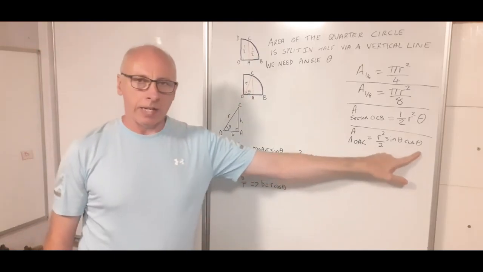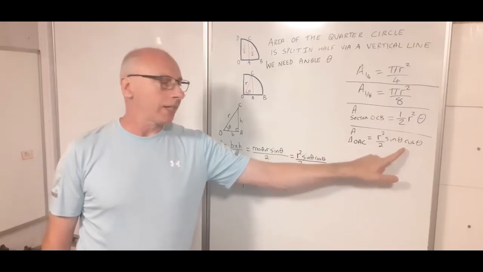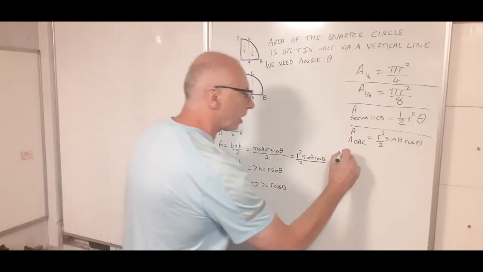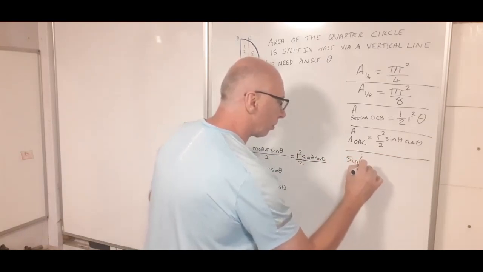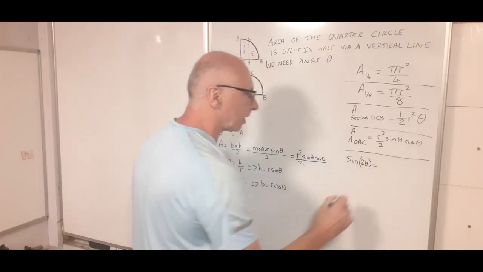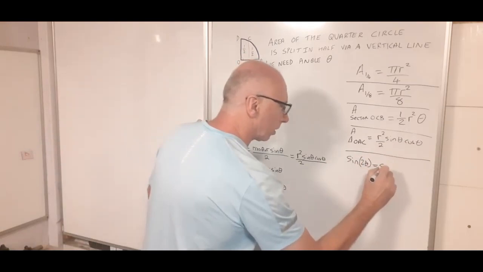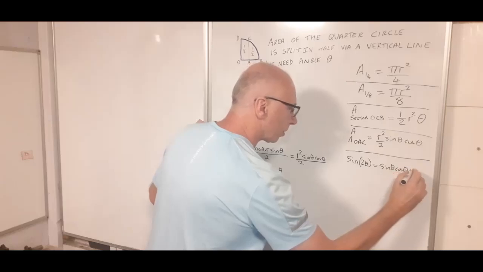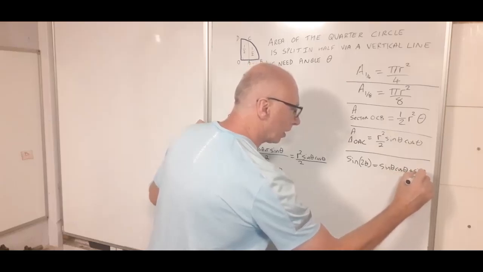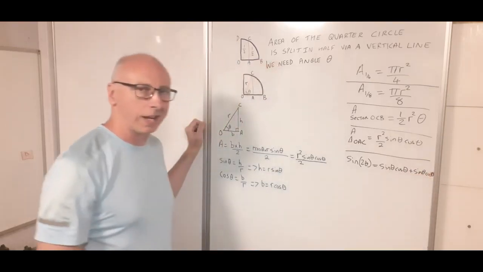To make that easier, I'm going to use a trig identity. A trig identity that's going to help me is sine of 2 theta, which equals sine theta cos theta plus sine theta cos theta.